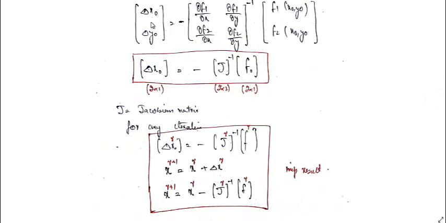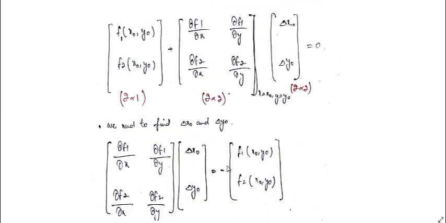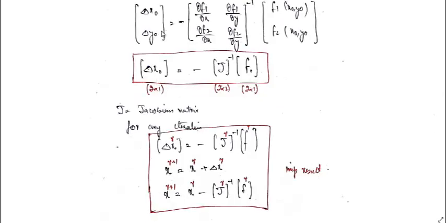Then delta x naught, delta y naught will be equal to minus, we'll take this to this side, it will be the inverse of, when we pre-multiply both sides with this matrix, the matrix into its inverse will be the identity matrix, and here it will be multiplied as inverse of this. So delta x naught, delta y naught will be equal to minus times del f1 by del x, del f1 by del y, del f2 by del x, del f2 by del y, inverse into f1 x naught y naught, f2 x naught y naught. We can write it like this.